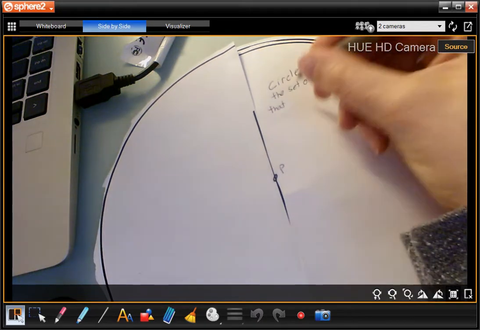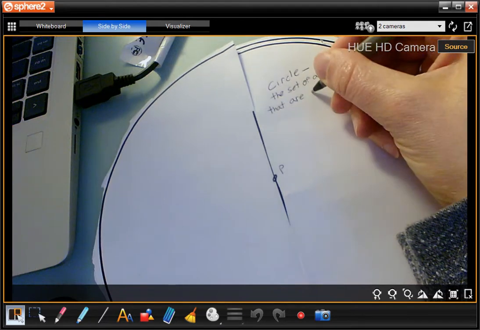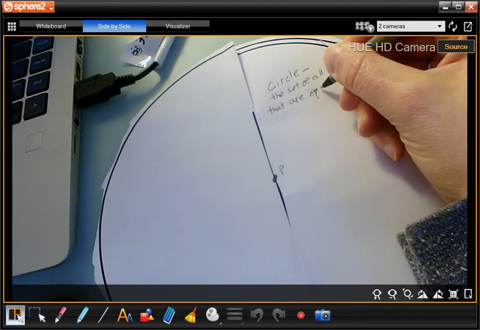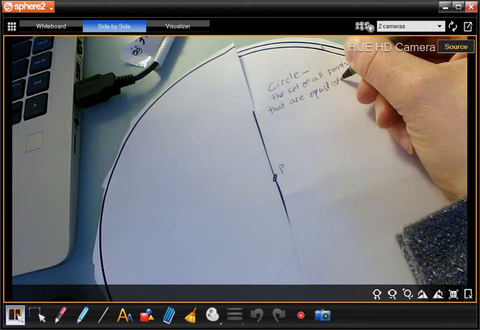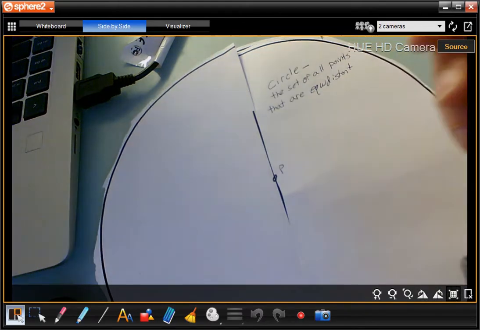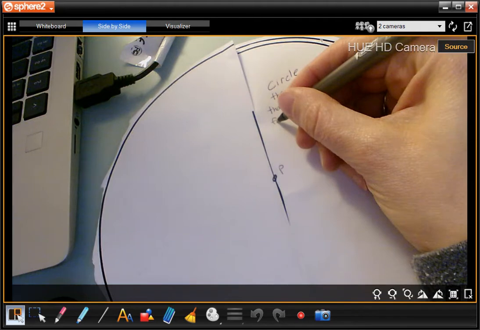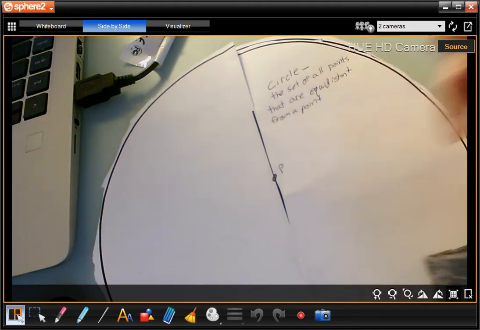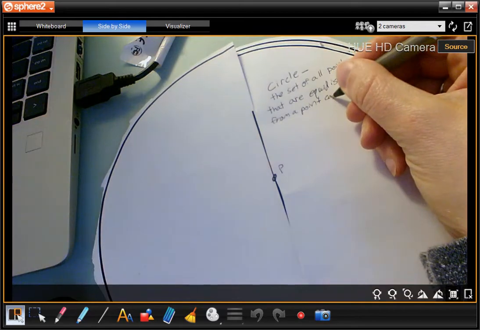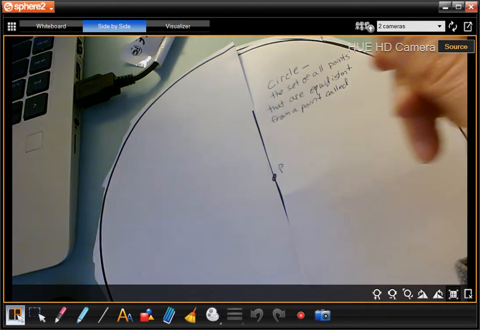You guys know what equidistant is? Equal distance, just like it sounds. It's just a fun word. Equidistant from a point called the center of the circle.